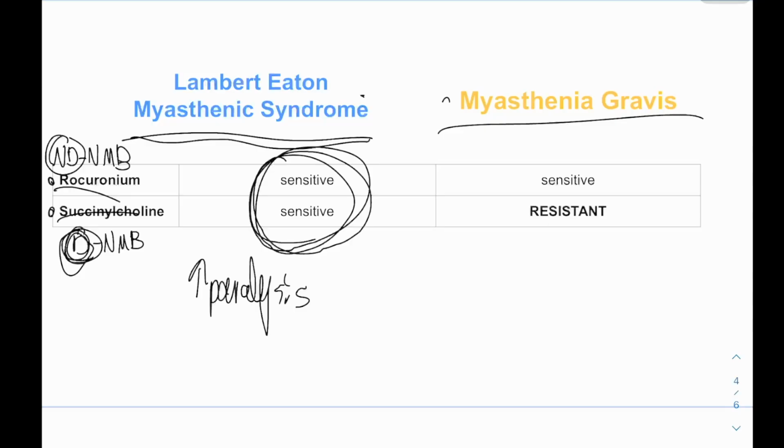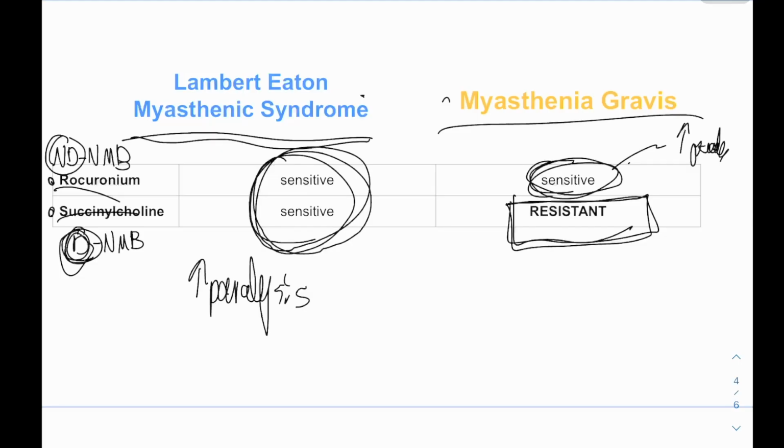However, patients with myasthenia gravis, they are sensitive to ROC, but they are resistant to succinylcholine. Sensitive to ROC, meaning there's increased paralysis. Resistant to SUX, meaning you may not get the level of paralysis you want with a standard dose of SUX. You may need to give even higher doses of succinylcholine in order to paralyze a patient with myasthenia gravis.